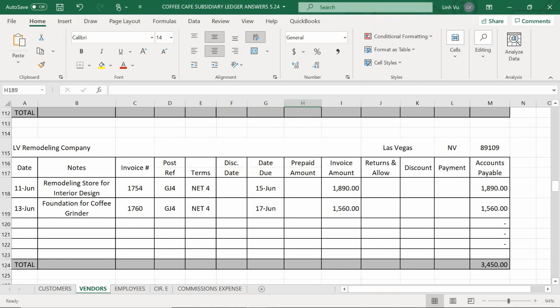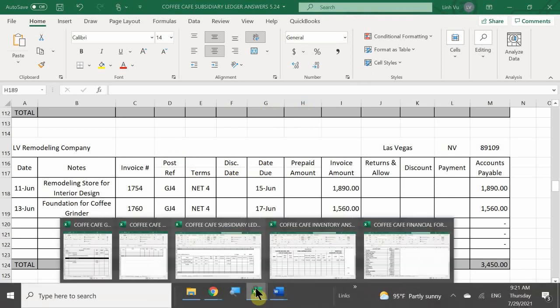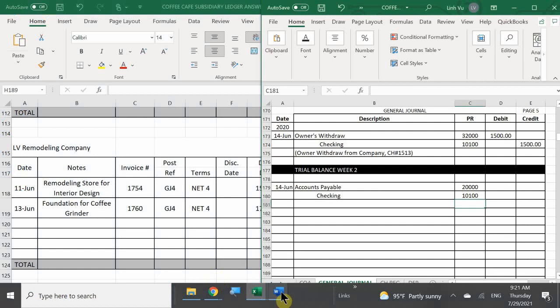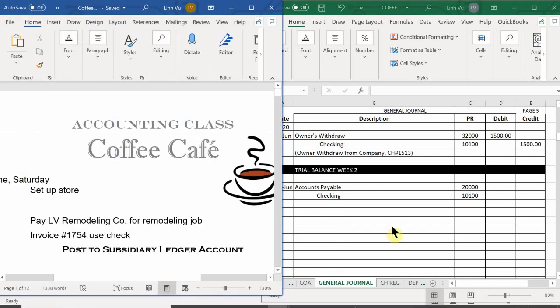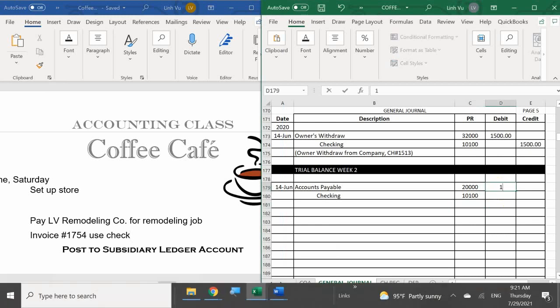Good. So we know we're going to make a payment for 1890.